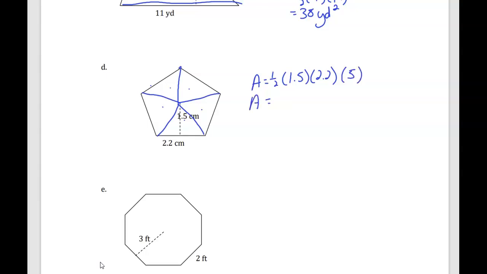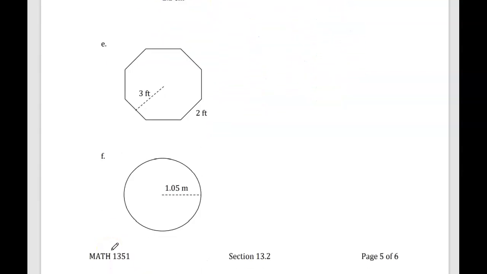And 1/2 times 1.5 times 2.2 times 5 would give me 8.25 centimeters squared. So as long as I have a regular polygon, I can draw that triangle from the center here.